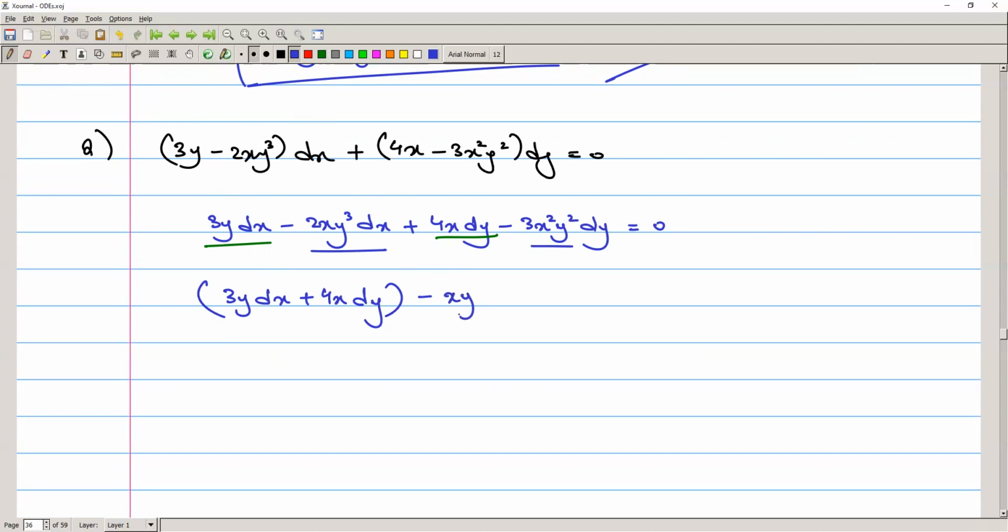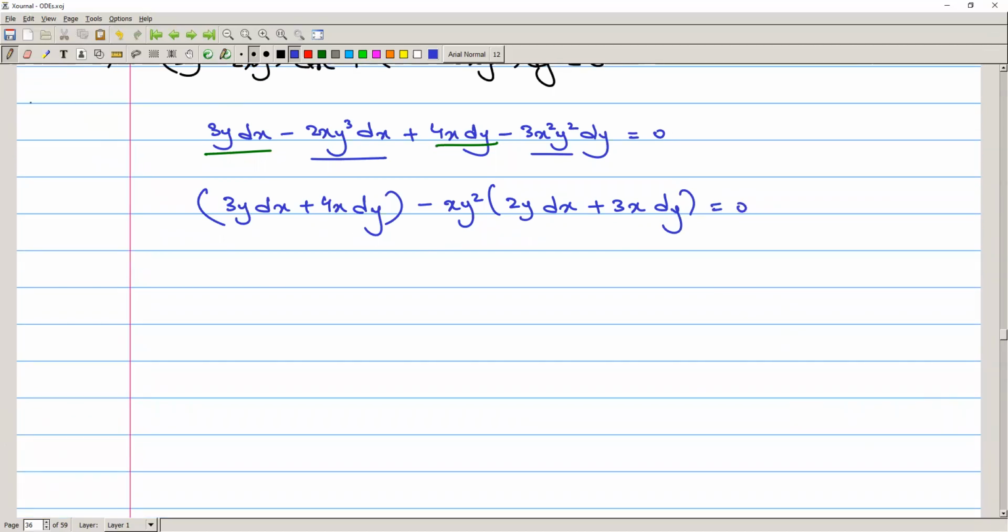So we take xy squared outside, and we are left with 2y dx plus 3x dy is equal to 0, right? It's better if we keep this positive and shift this negative sign inside, so it will be negative 2y dx negative 3x dy. It will be better because we need to assign these positive and negative signs to the constants.